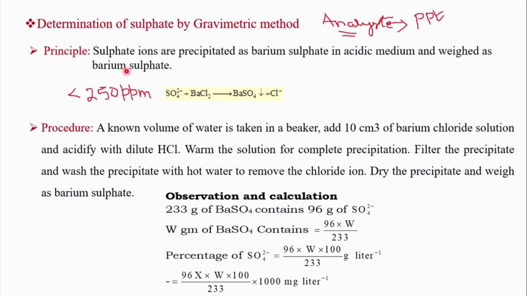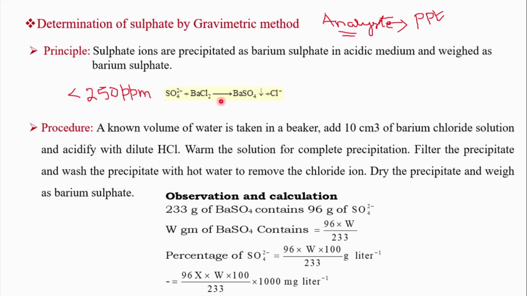The principle of the experiment goes like this. The sulfate ions present in a wastewater sample are treated with a 10% barium chloride solution in acidic medium at boiling temperature. I'll repeat again: these are the sulfate ions present in a water sample or any other sample.